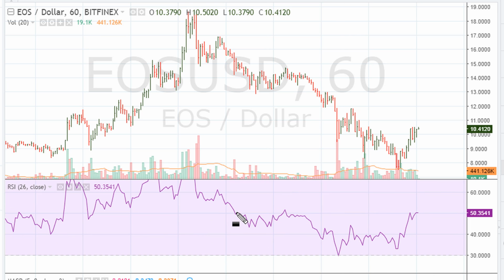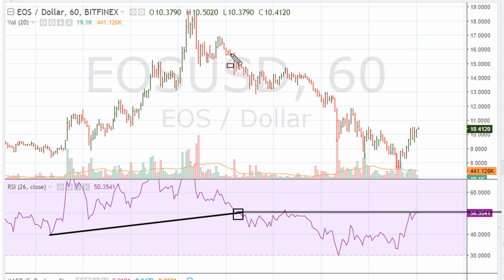Take note that if we draw this line this way, this line also corresponds with the break. So there was a trend line break here. That break corresponds with this movement here. You can see uniform activity rejection during those hourly highs. And now we are coming back to test it.